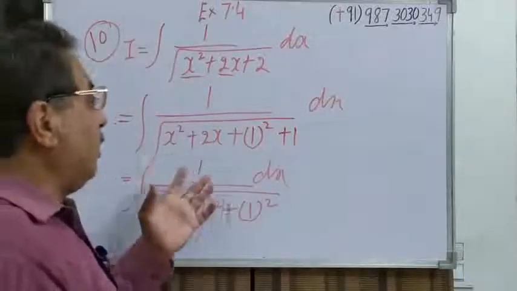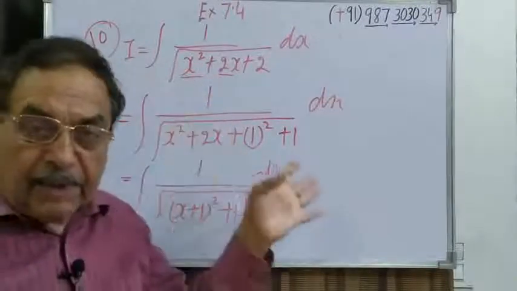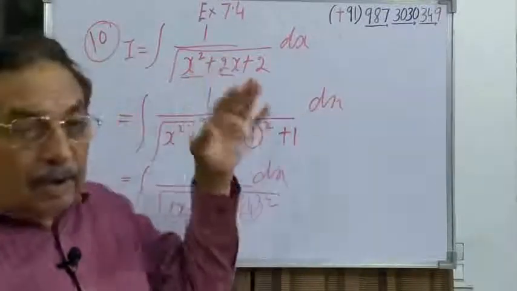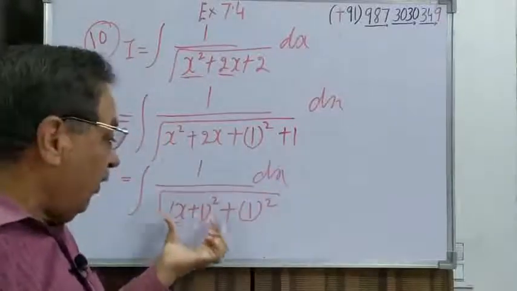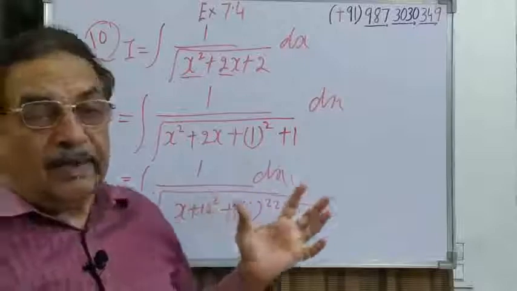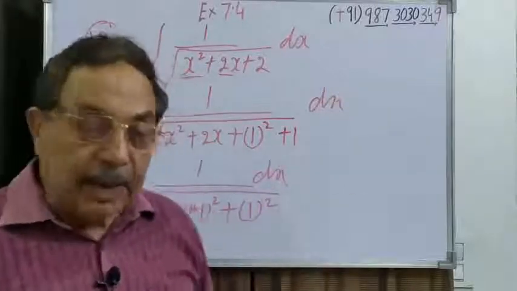So what you have done, whenever any quadratic in the denominator comes up, without root or with root, just make the squares perfect squares, and now we can apply one of the 6 formulae, one of the formulae will be applicable to that.